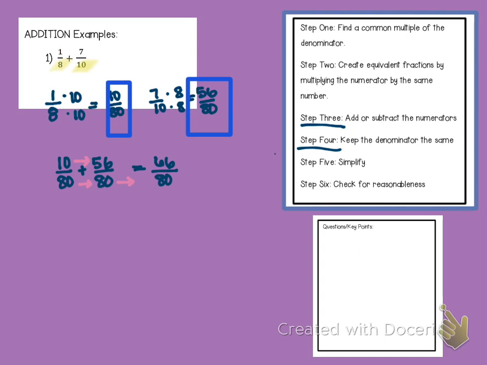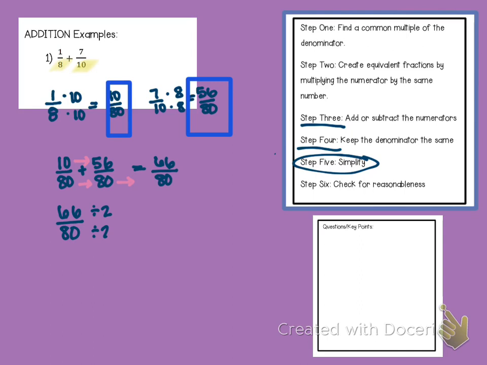So now we have 66 over 80, and it says to simplify on step 5. We always want to simplify. So I'm going to write our new fraction right here. And we think about a number that divides into 66 evenly, that also will divide into 80 evenly. And if they're both even numbers, we know right off the bat that 2 will work.